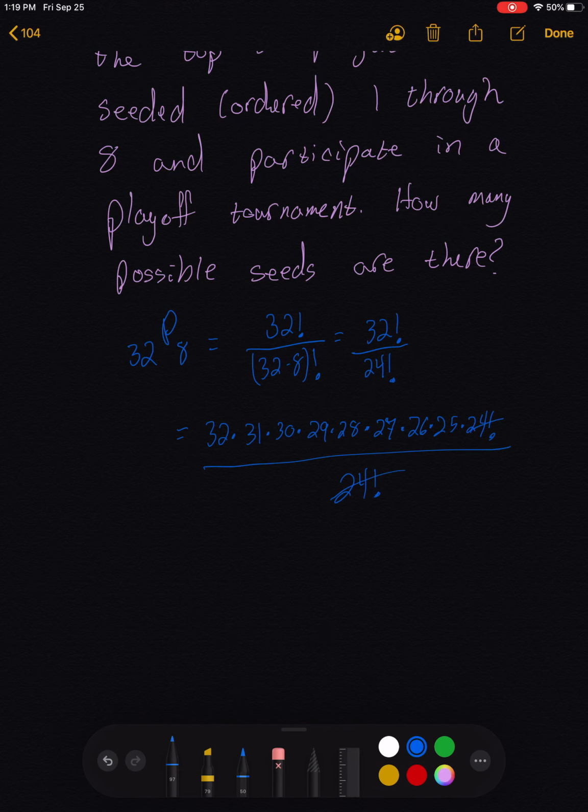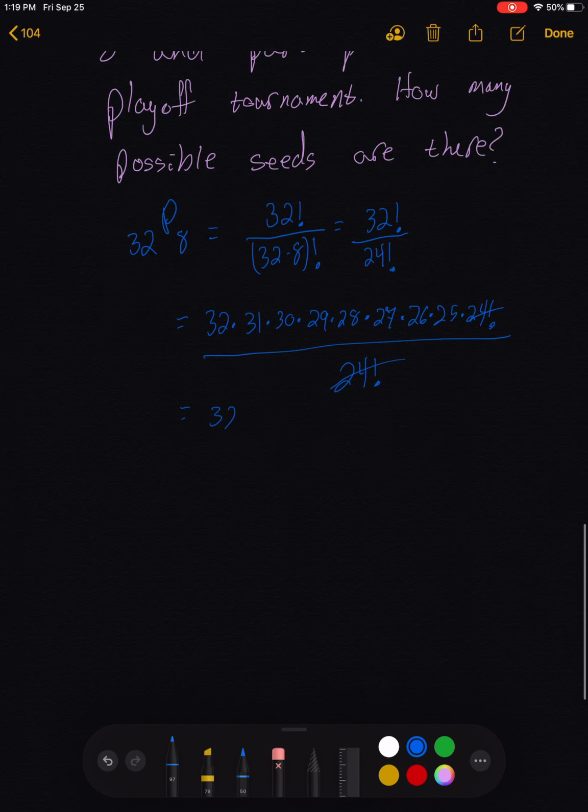The 24 factorials cancel, and we're left with just 32 times 31 times 30 times 29 times 28 times 27 times 26 times 25. Now, thinking back to the original example, another way of approaching this problem would be to say, well, there are 32 players in the league, so there are 32 choices for the first seed, which leaves 31 choices for the second seed, which leaves 30 for the third seed, which leaves 29 for the fourth, and so on.